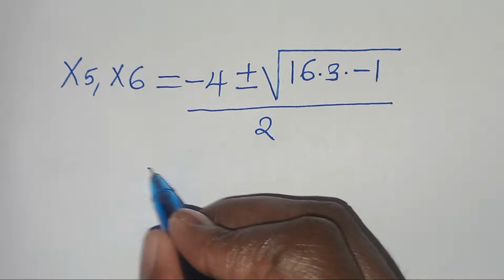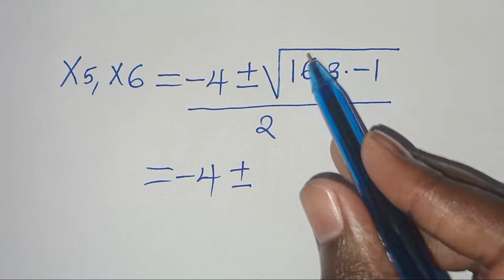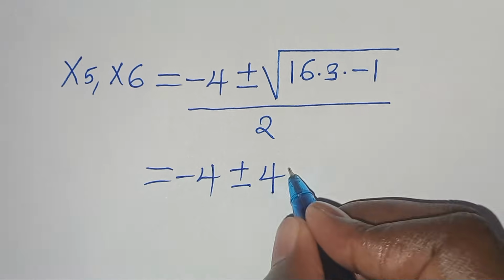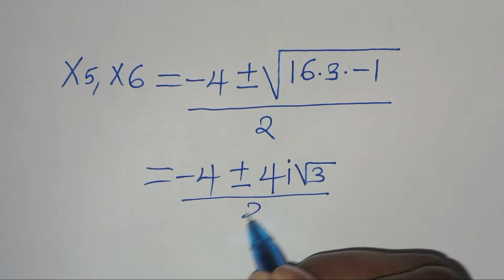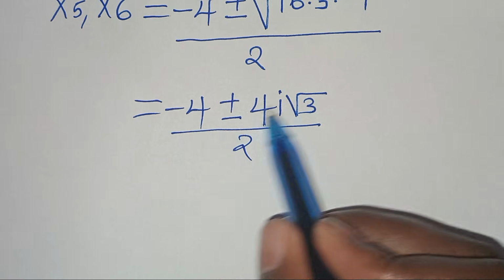Now this implies that here we have minus 4 plus or minus the square root of 16, this is 4, then square root of minus 1, this is i, then square root of 3, divided by 2. So in the numerator here, we have that 2 is common here.